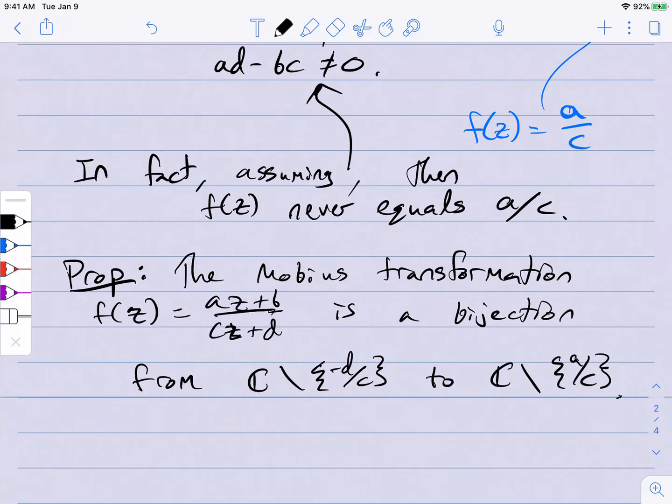Okay, so it's injective, which we showed, and it's surjective onto all of the complex numbers except a over c.